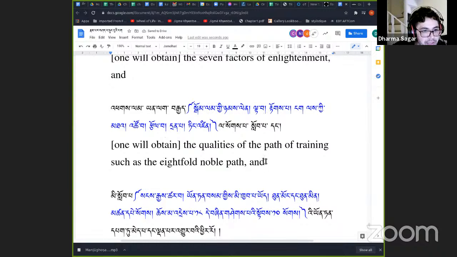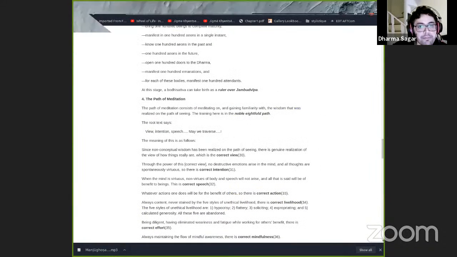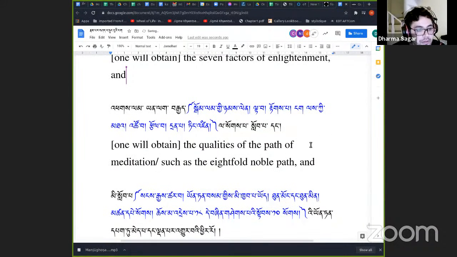And so Campbell was saying that the Eightfold Noble Path is a practice belonging to the path of training or the path of meditation. I don't know how they put it here, path of meditation. So let's put here Gomlam, path of meditation.